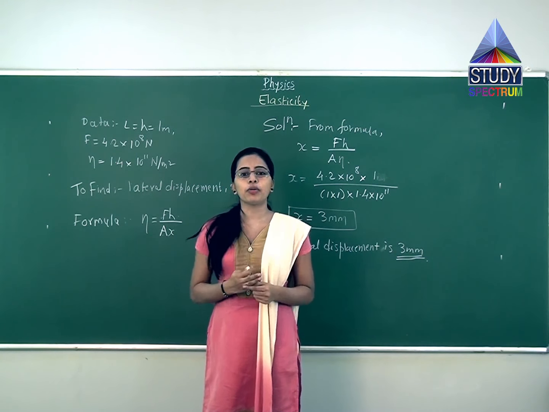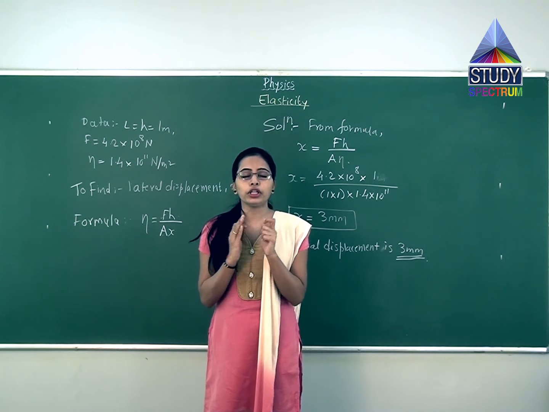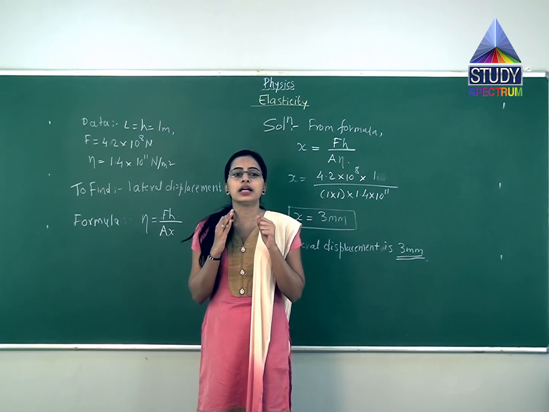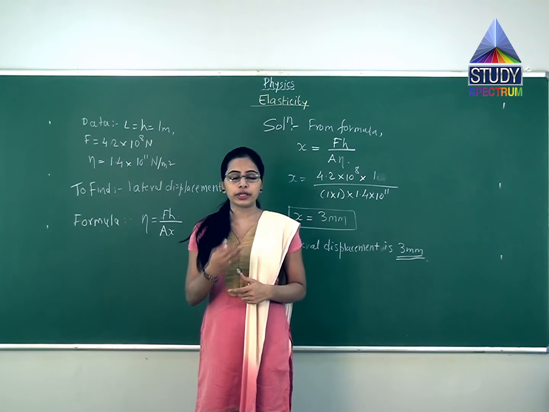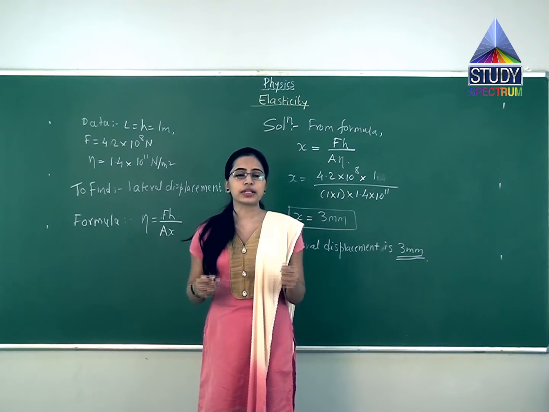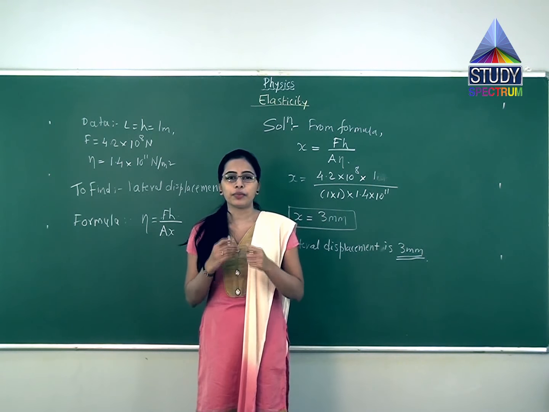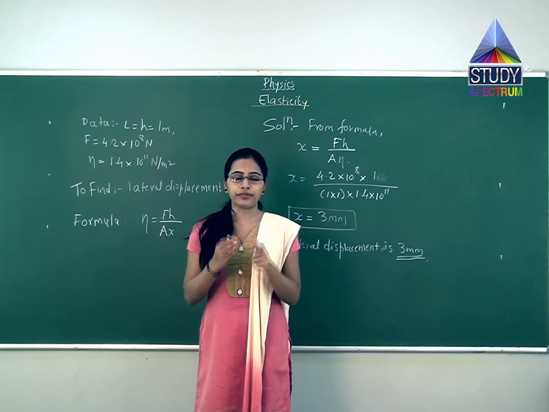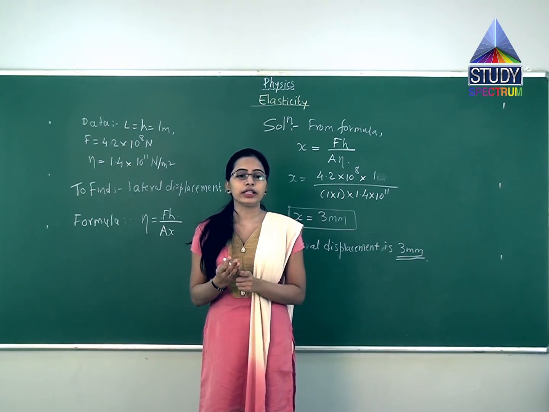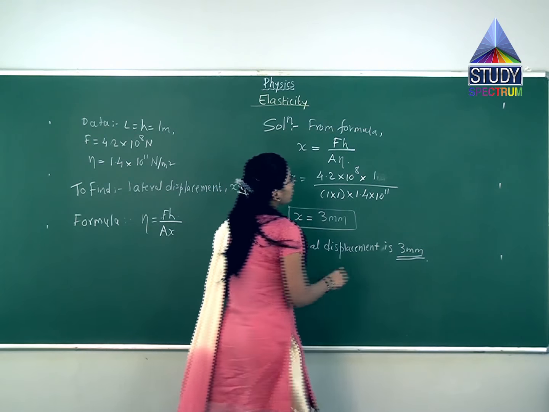What is the lateral compression produced in it, where Young's modulus for copper wire is given, which is 12.5 into 10 raised to 10 Newton per meter square. Now here you can see they are using one wire for which we have Young's modulus, so we have to deal with the first part of our chapter, which is related to length, calculating Poisson's ratio, Young's modulus and all. So let us have a look.